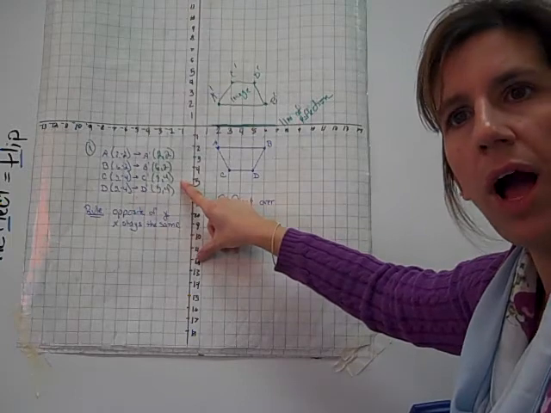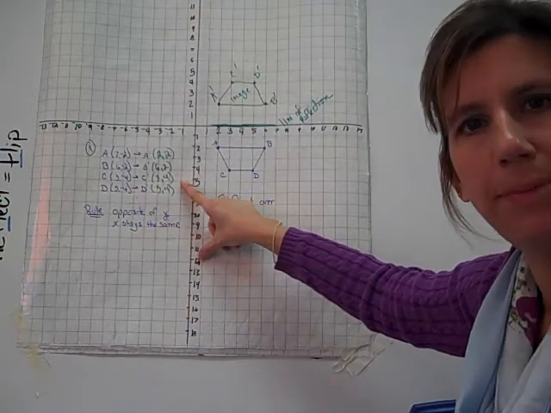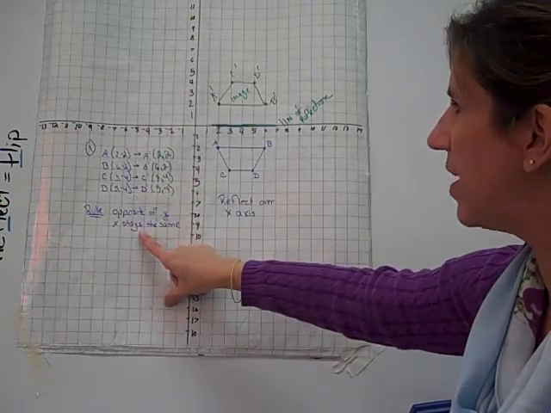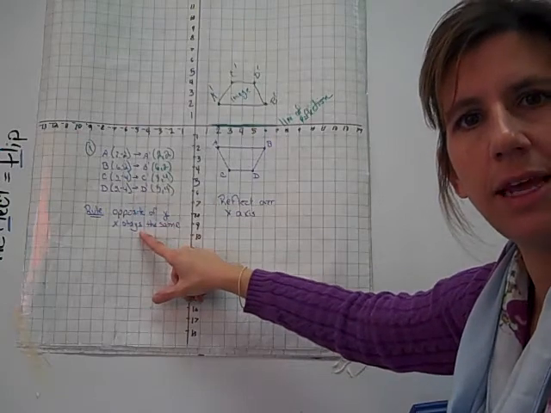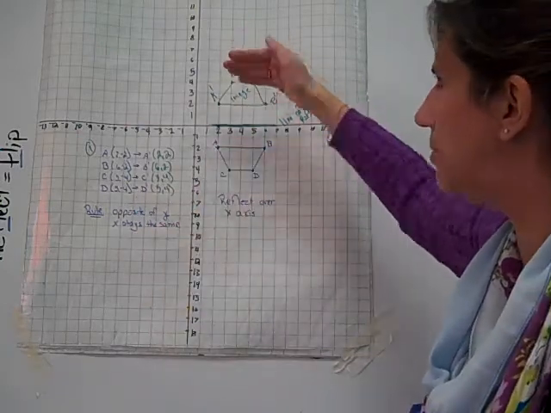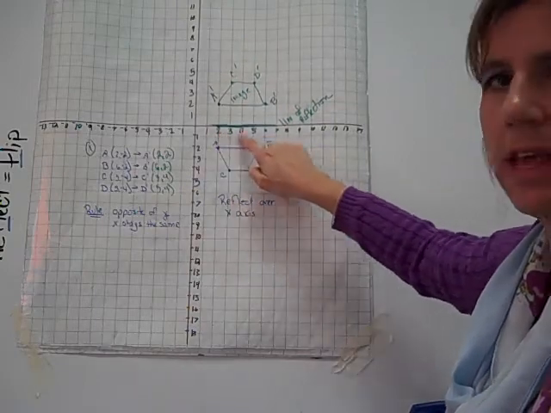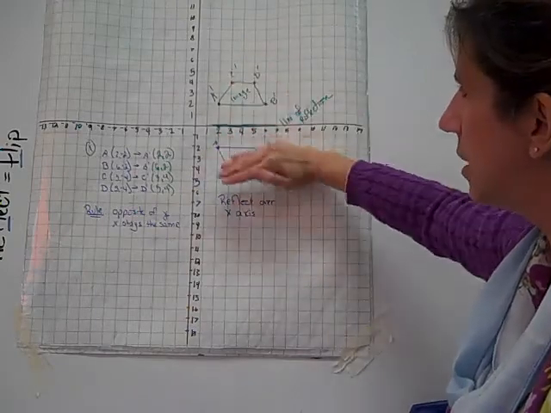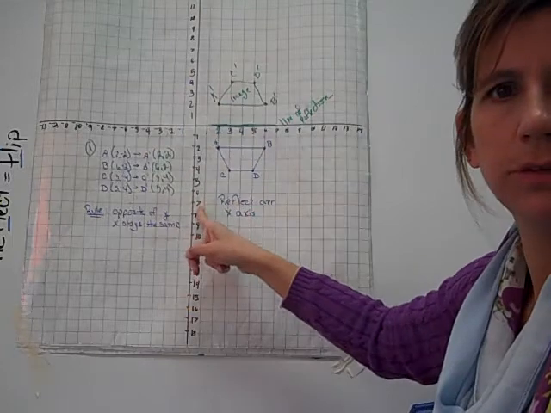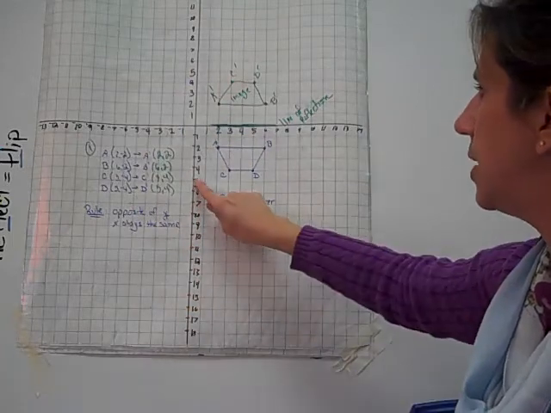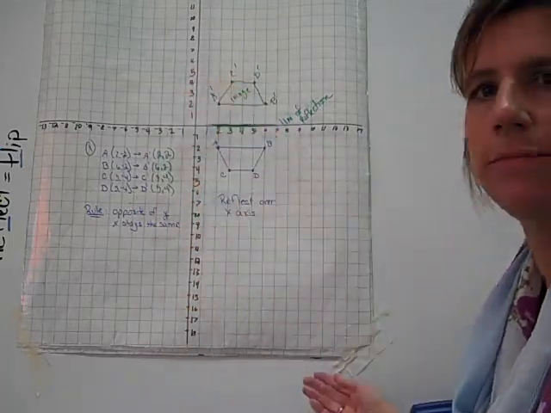So we're taking the Y value and changing it to be the opposite. Okay? But the X number is staying exactly the same. And if you think about how this shape has flipped up, we're on the exact same numbers on the X-axis. The only difference is the Y-axis values. They have changed. Instead of being negative, they're now positive.